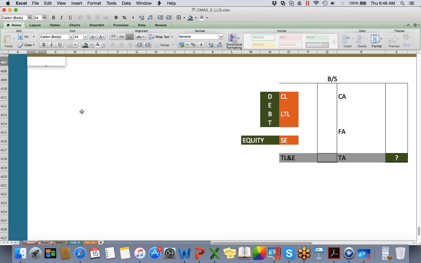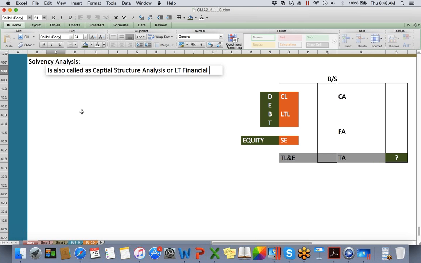Solvency analysis. A solvency analysis is also called capital structure analysis or long-term financial analysis.